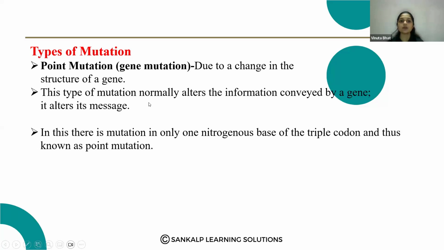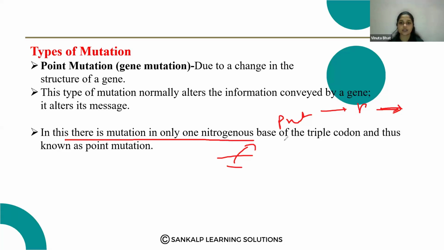This type of mutation normally alters the information covered by the gene. For example, if the gene is changed, a different type of protein is synthesized. When the protein is different, that alters the phenotype and provides some other expression. So in this, the mutation is in only one nitrogenous base of the triple codon and thus it is known as point mutation.